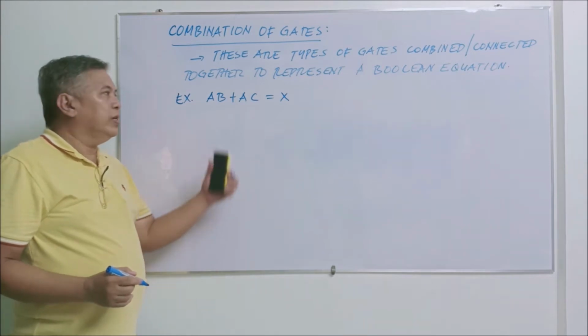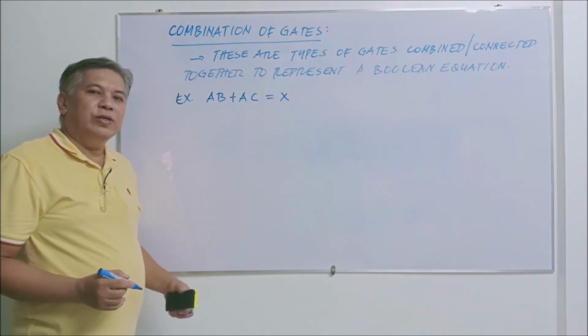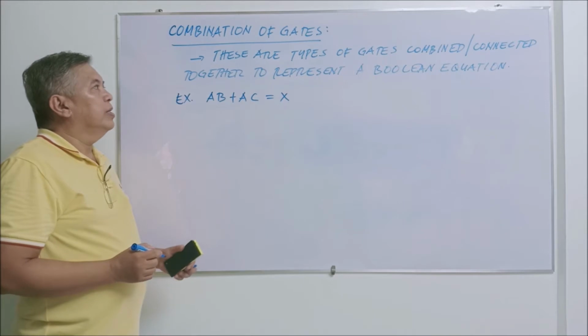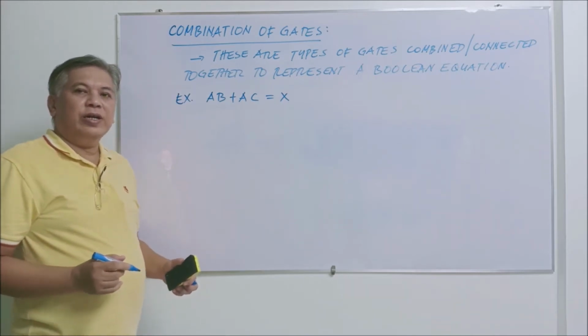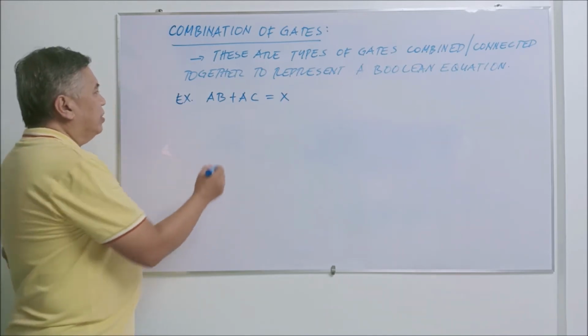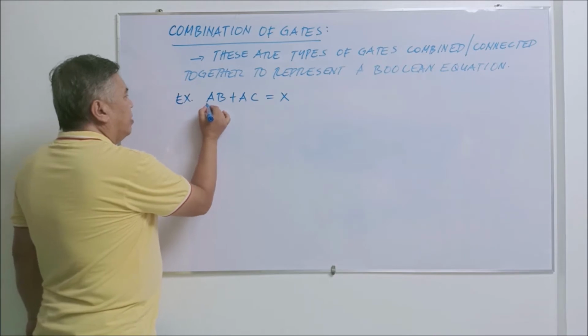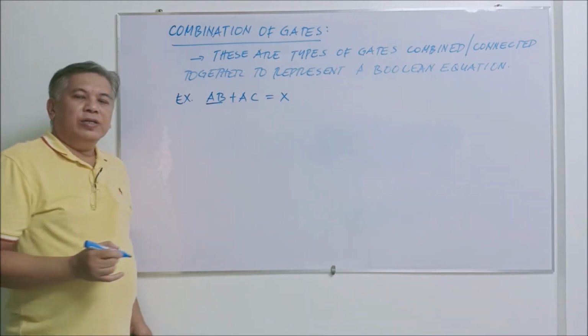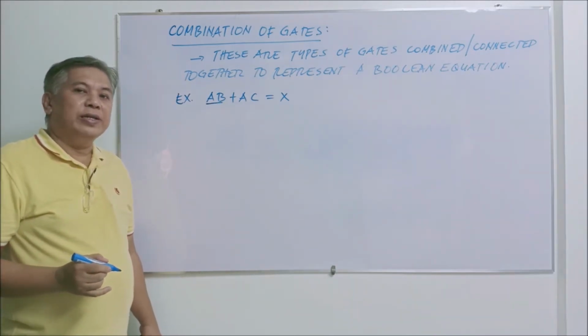So how do we represent this Boolean equation using our gates or logical circuit? If you notice, your AB here can be represented by an AND gate.